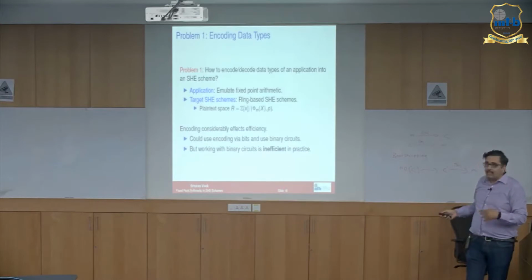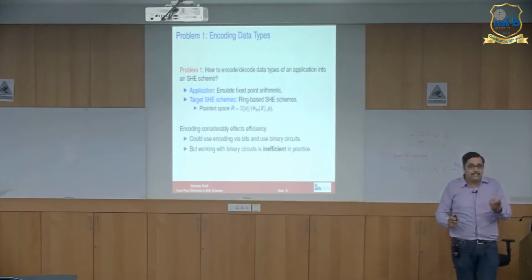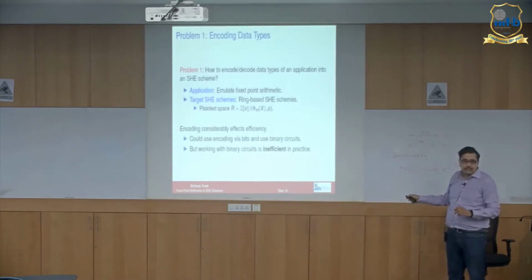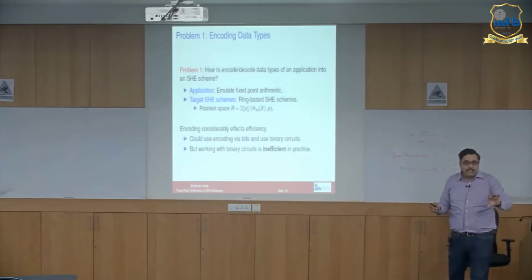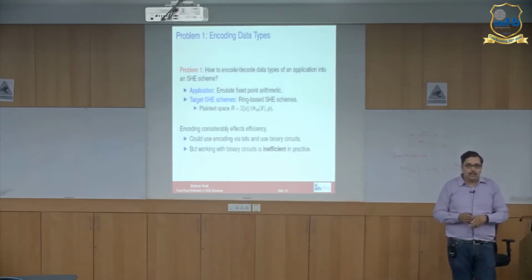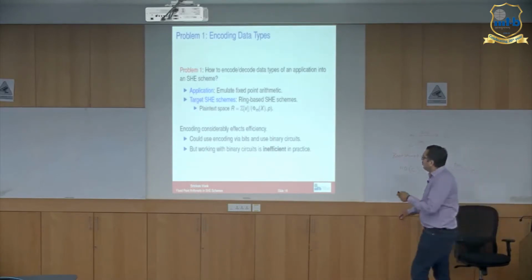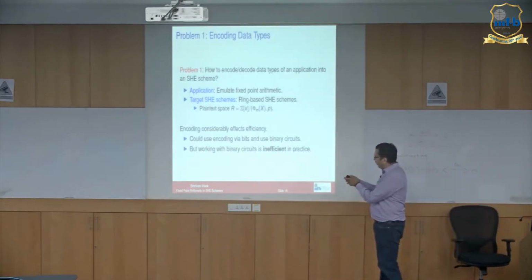And why, because the native plain text space consists of polynomials with integer coefficients. Okay. So this is a fancy math notation just to tell that the plain text space is the set of polynomials of bounded degree and the coefficients come from a bounded range. Okay, so this is a polynomial.